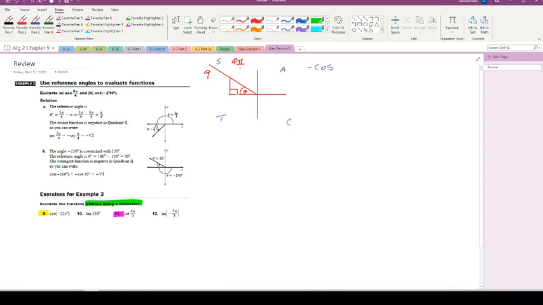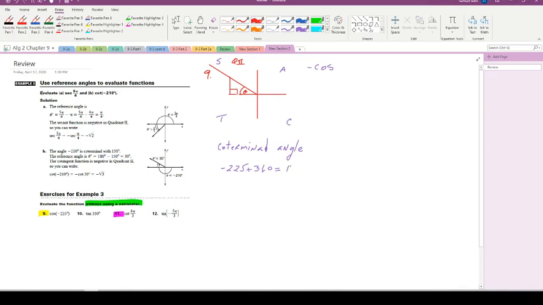So this is in this quadrant, right? The first thing we have to do is find the coterminal angle. Coterminal angle is negative 225 plus 360, because we're talking about coterminal.